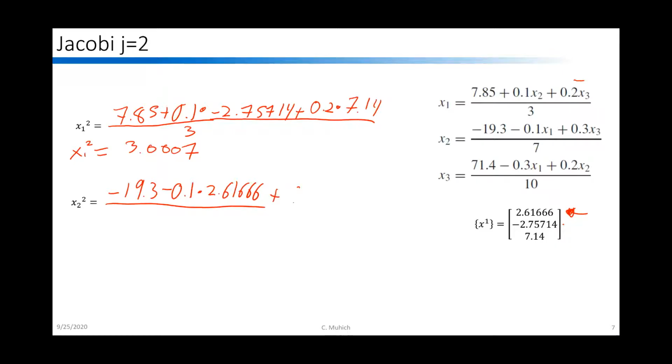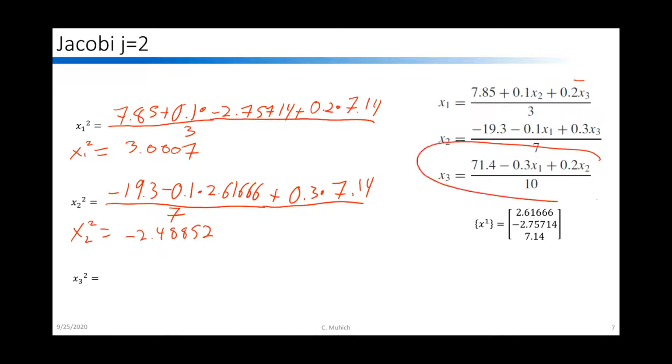Then we move on to our x3 term, 0.3 times x3, well, that's 7.14, all over 7, and this gives us an x2 value of negative 2.48852. Okay. Now we're ready to move on to x3.